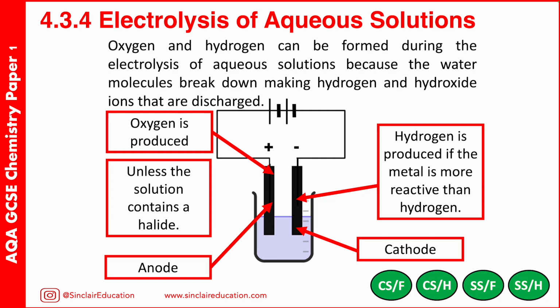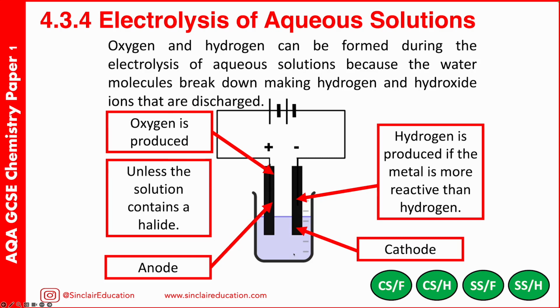Now the reason for this is because when we've added these into solution, we've added water. And what happens is the water splits off into hydrogen ions, which is why they get attracted to this cathode, and hydroxide ions, which are negative, which is where this oxygen is coming from.